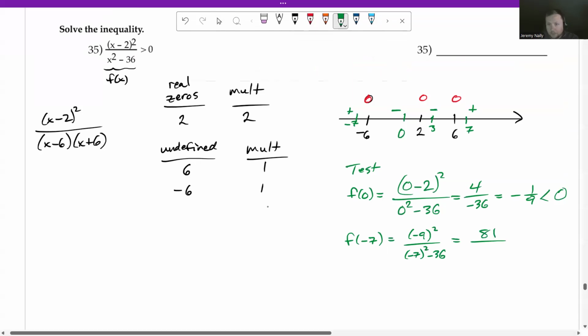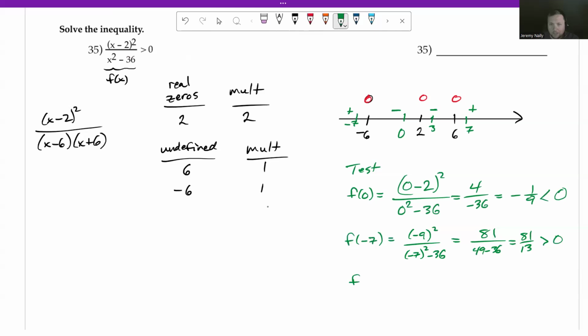So we'd have 81 over 49 minus 36. So 81 over 13. And that's positive. Well, how about that?